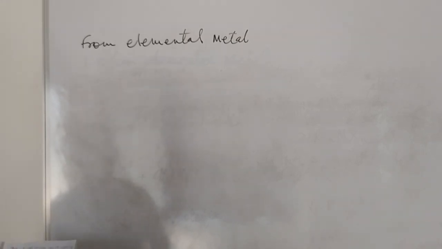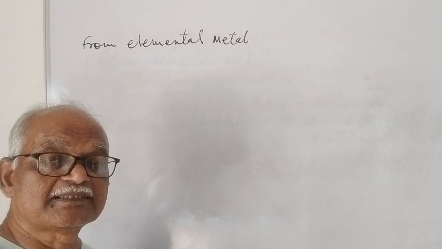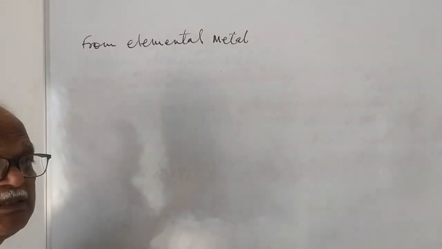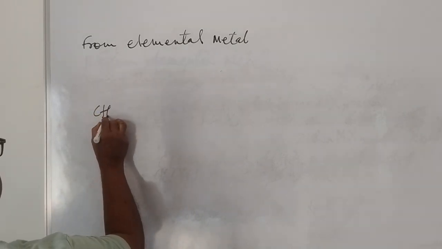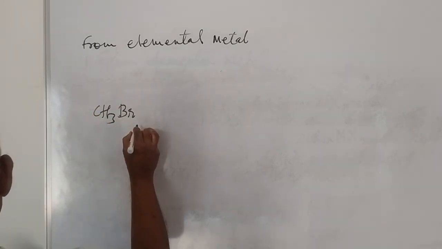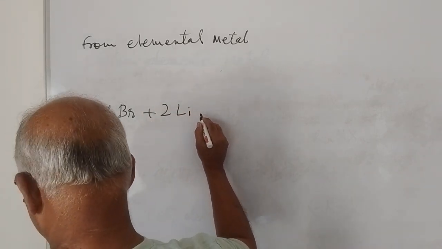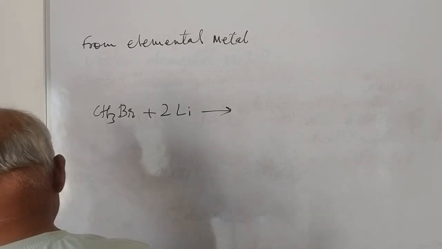Such a type of organometallic compound is typically more ionic and reactive. That is why it is called a reactant, and these reactants are available commercially as per our requirement. We will take the example of CH3Br plus 2 Li. Here we are using the metal directly as it is.